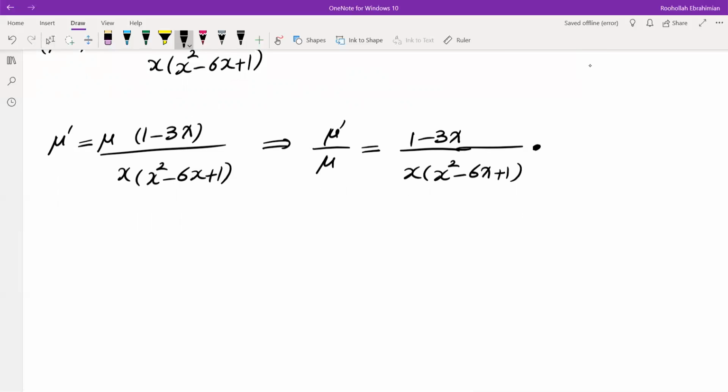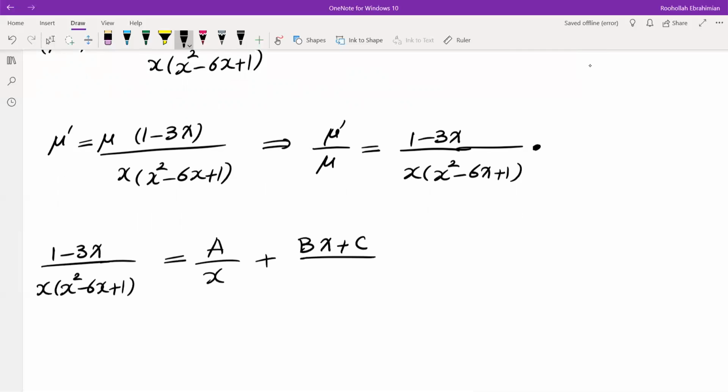The right-hand side, you can integrate using partial fractions. So that's a over x plus bx plus c over x squared minus 6x plus 1.